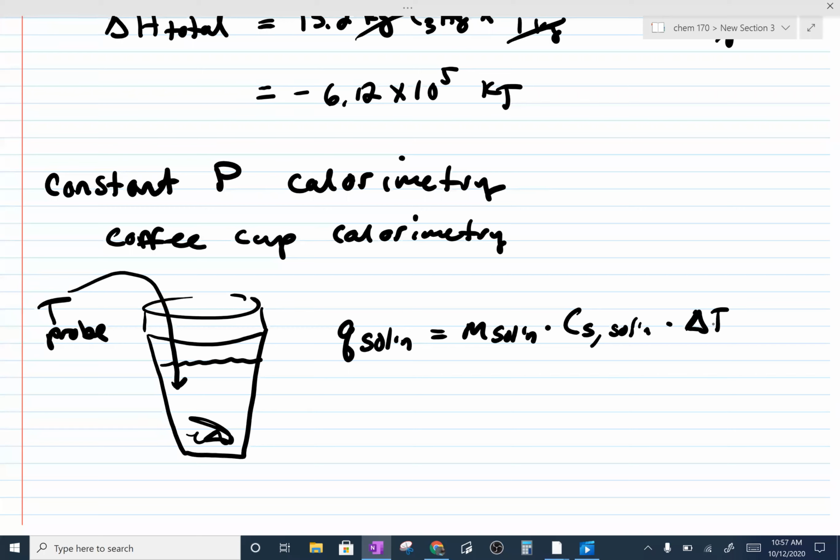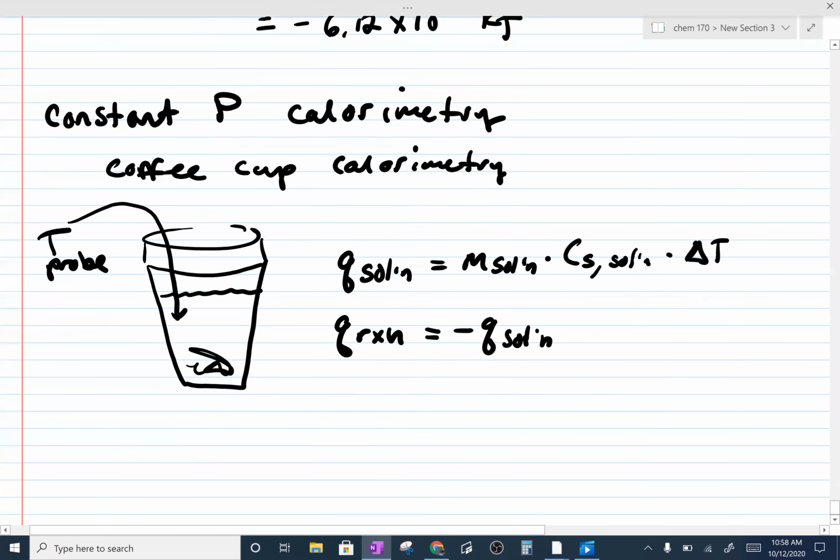We know that the reaction, whatever is happening inside the solution, is exactly equal to the negative of what we get out into the calorimeter itself. So the Q of the reaction is equal to the negative of the Q of the solution. So directly we're measuring the heat output or input from the reaction itself. This is the opposite of what's happening in the reaction.